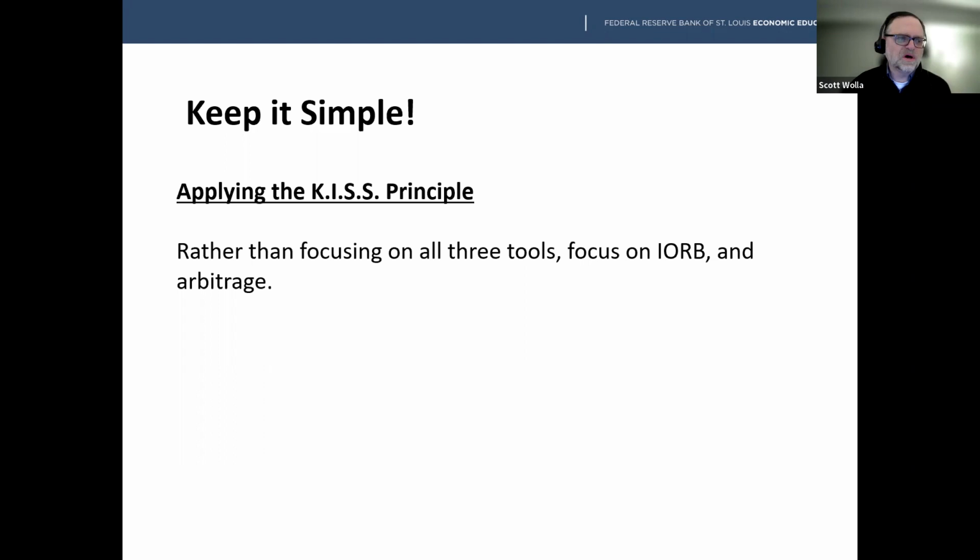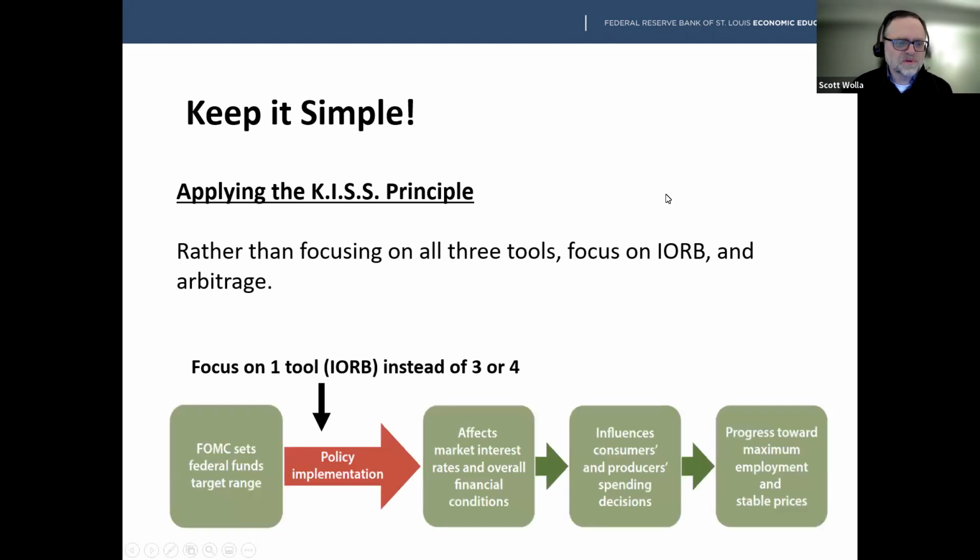We agree with that, and say that rather than focusing on all 3 tools, just focus on interest on reserve balances. You can also include arbitrage, but once you break it apart, it's really a pretty simple concept for most students. So we also talk about using a flow diagram.